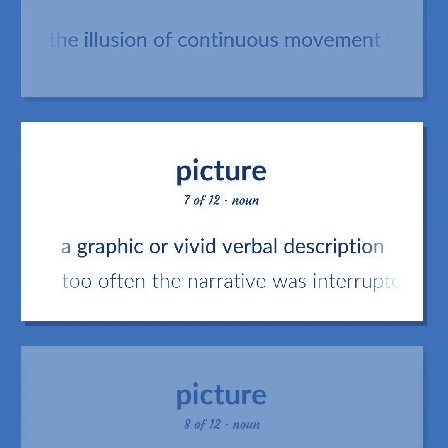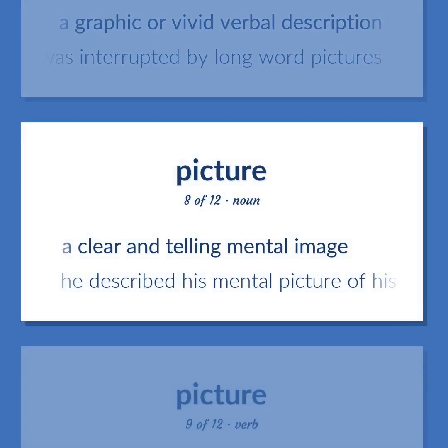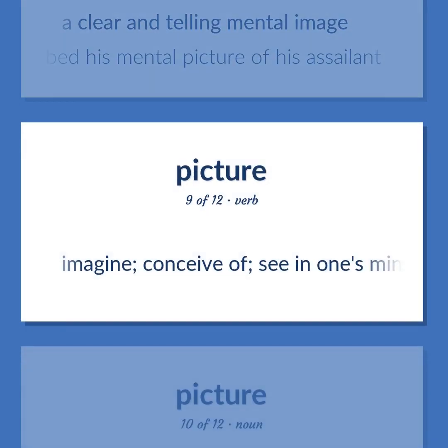A graphic or vivid verbal description. Too often the narrative was interrupted by long word pictures. A clear and telling mental image. He described his mental picture of his assailant. Imagine, conceive of, see in one's mind.